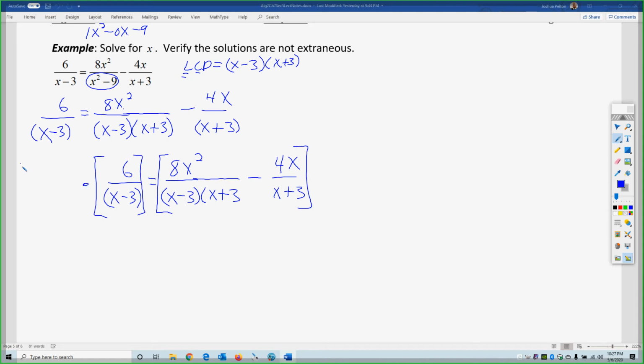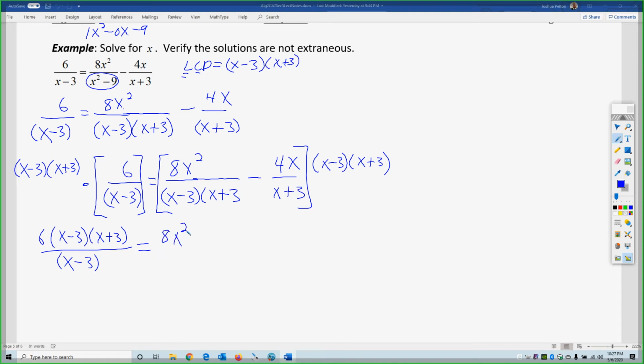Multiply the left side by the lowest common denominator. And multiply the right side by the lowest common denominator. So we get 6 times x minus 3, x plus 3 over x minus 3 equals 8x squared times x minus 3 times x plus 3 over x minus 3 times x plus 3, right?